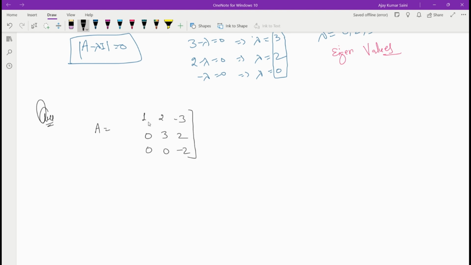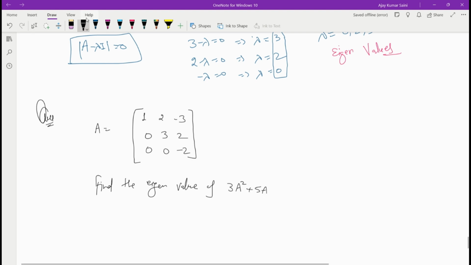This is matrix A. I need to find the eigenvalue of 3A cube plus 5A square minus 6A plus 2I. Now see here how I solve it.